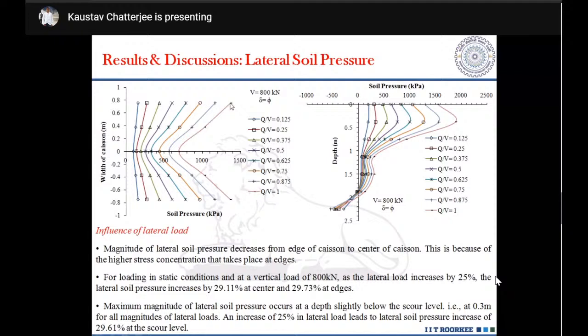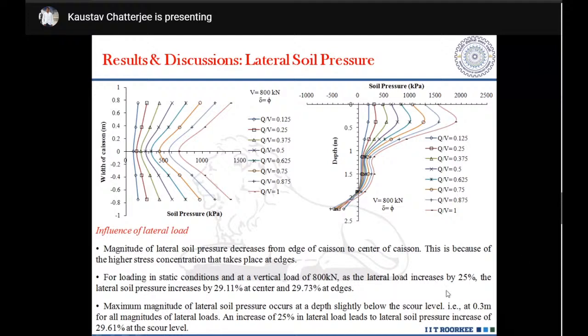For a constant vertical load of 800 kilonewton under static conditions, as Q by V rises, or the lateral load rises by 25%, the soil pressure increases by 29% at the center and 30% towards the edges.